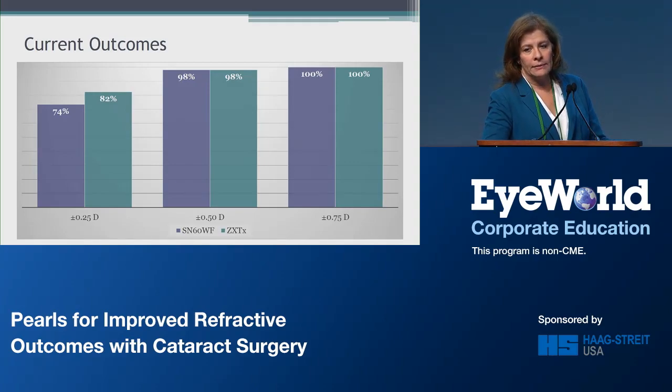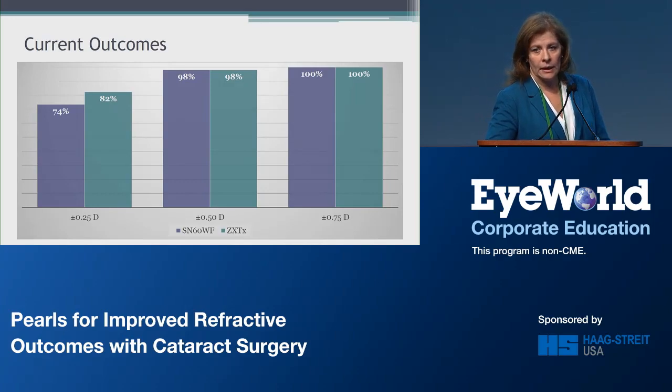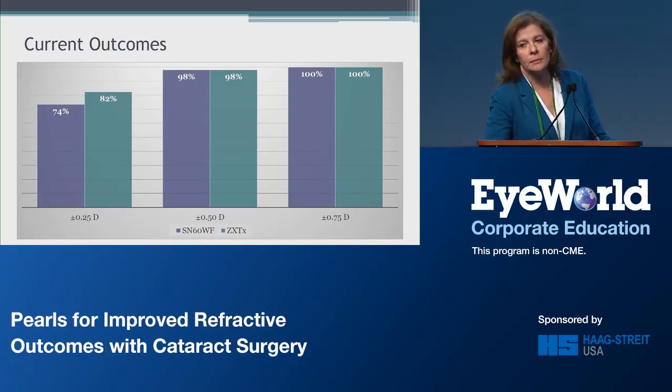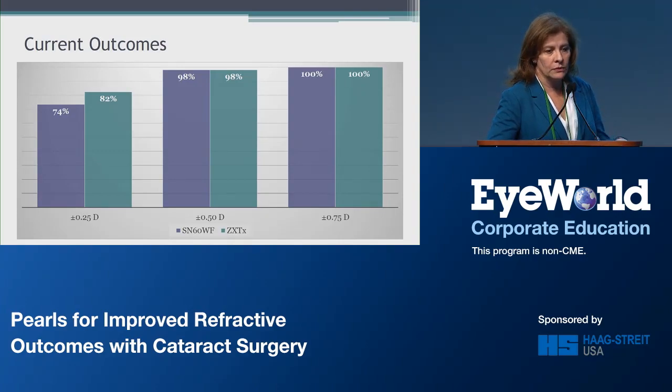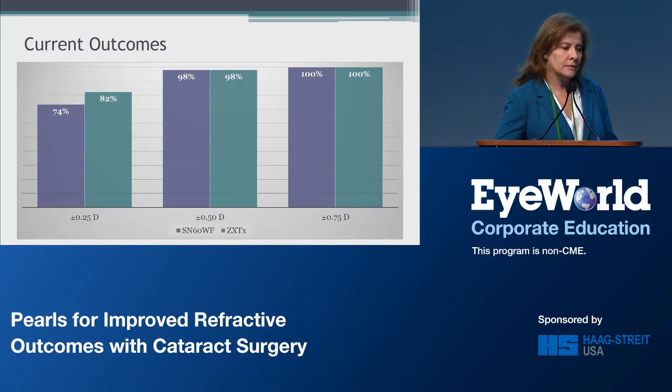Our outcome within half diopter is 98% with both the monofocal lens and the toric EDOF lens that we are currently using. And our outcomes within quarter of diopter are steadily improving as well. All our patients are 100% within 3/4 of diopter of the intended target.